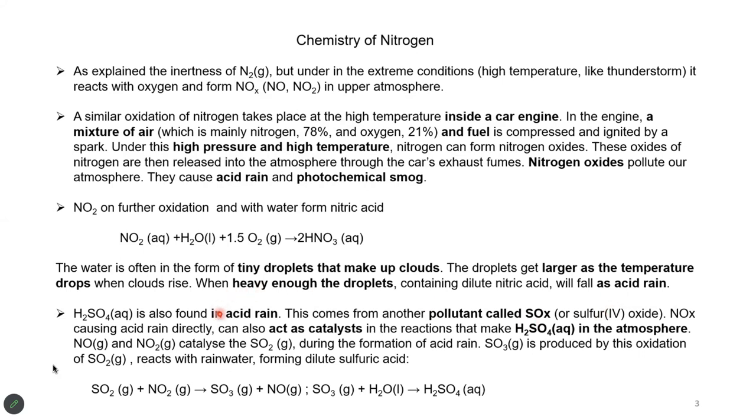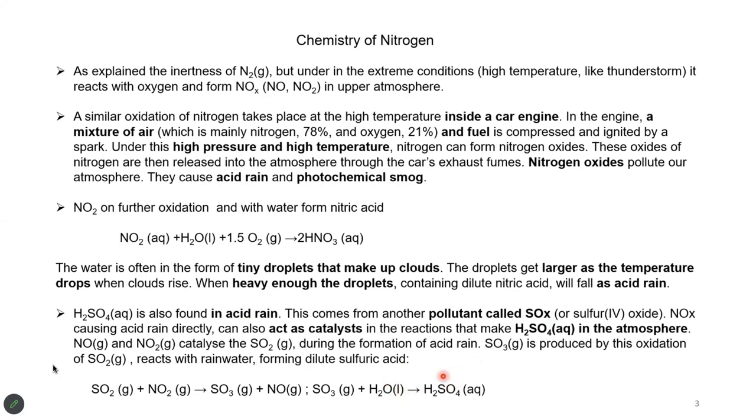We have seen that it is not only nitric acid; sulfuric acid is also in acid rain. So how does sulfuric acid come into it? We call it SOx, sulfur oxides. NOx, besides causing acid rain directly, can also catalyze the conversion of sulfur dioxide into sulfur trioxide, and then with rainwater it becomes dilute sulfuric acid.